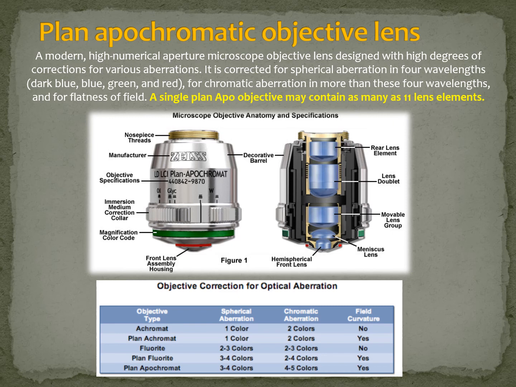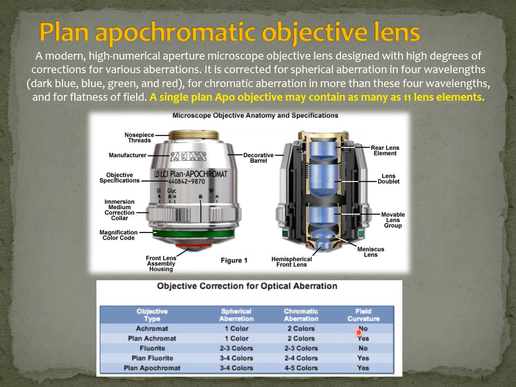So a single planapo lens, as shown here, can have as many as 11 lens elements on the inside. So there are multiple types of lenses with different elements, each one designed for specific applications, and they do different types of corrections.